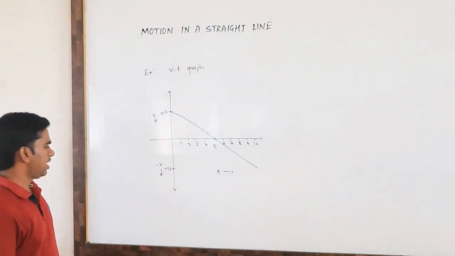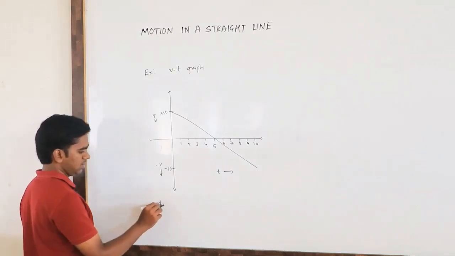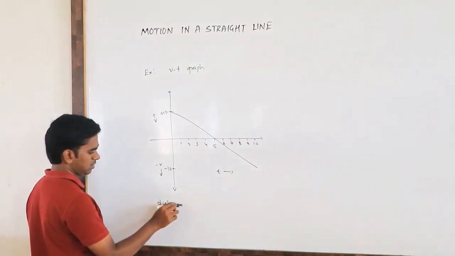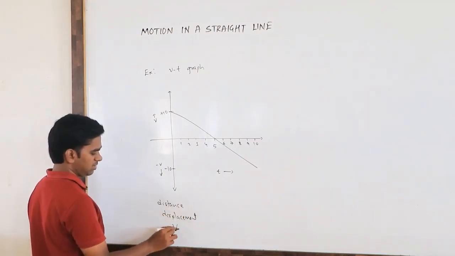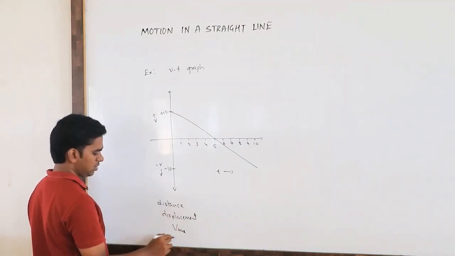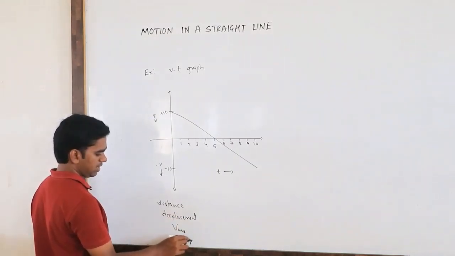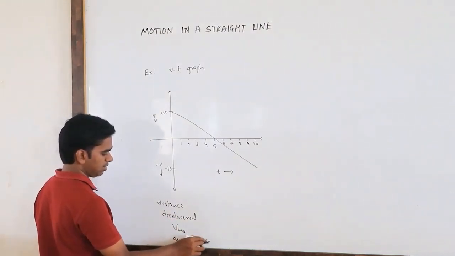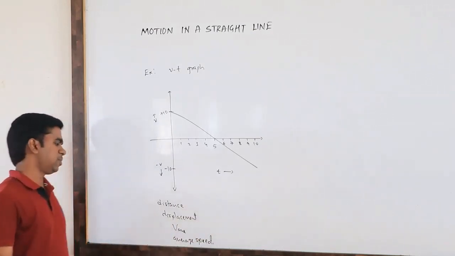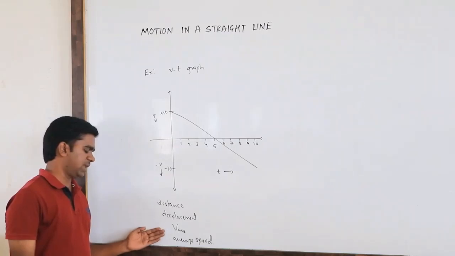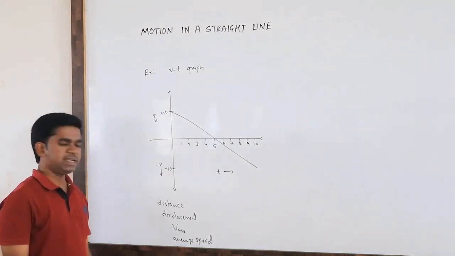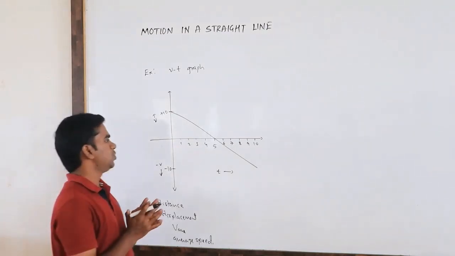They may ask you to calculate distance or displacement, or they may ask you to calculate the average velocity, or the average speed also. Okay, four possibilities are there: distance, displacement, average velocity, or average speed. So how can we do this?